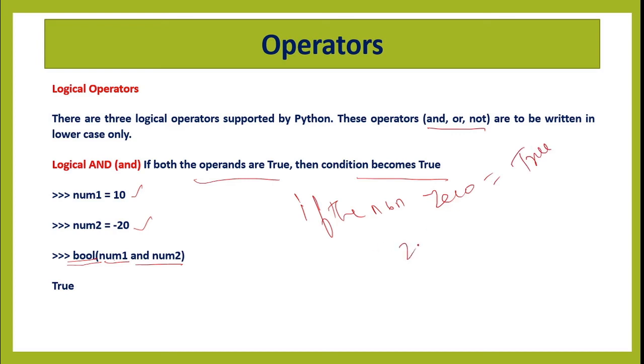If the number is 0 means the Boolean value is false. Okay. So here the number 10 is non-zero, so that's why it is true. Then num2. So num2 is non-zero number, so that one also true. Then true and true, output is true only. Okay. So it returns true value.